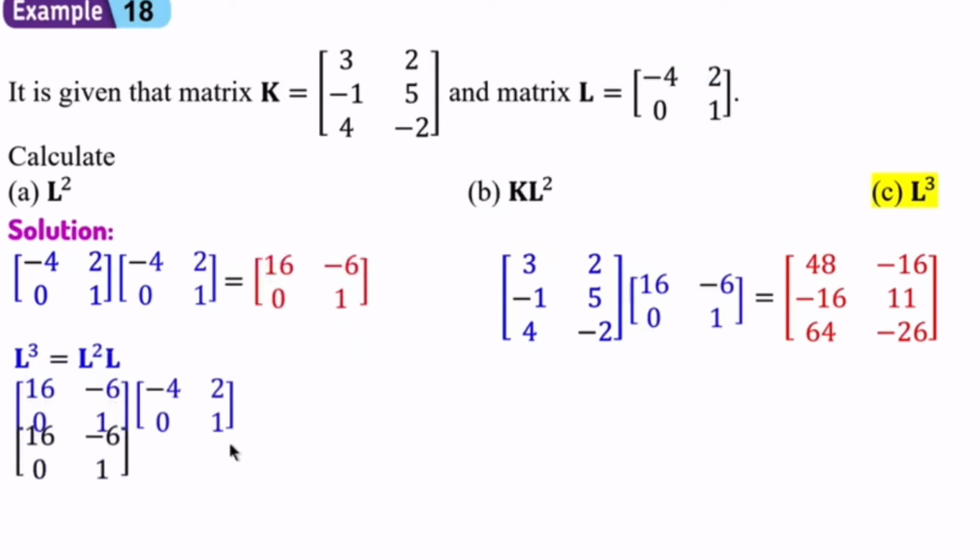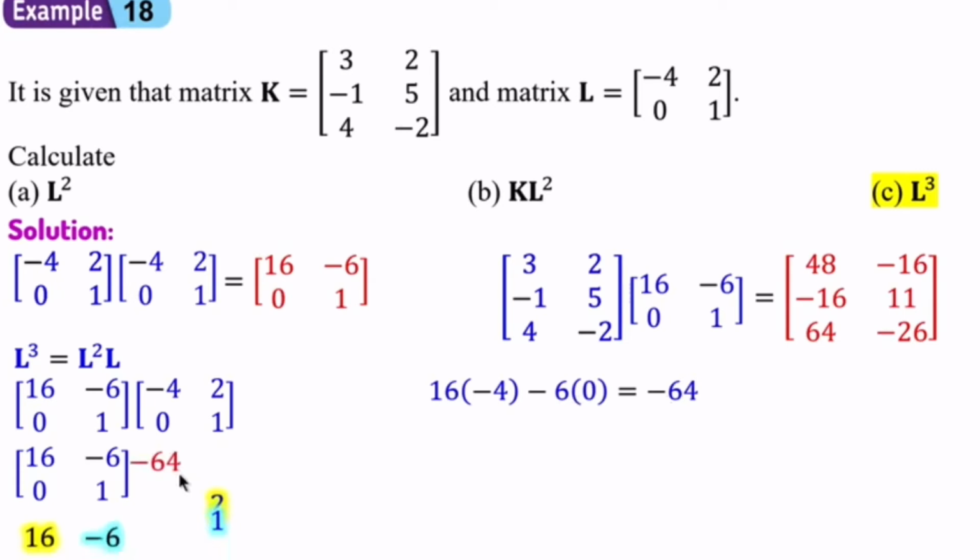So we will highlight with different colors so that it is easy for us to multiply. So it's 16 times negative 4 plus negative 6 times 0.